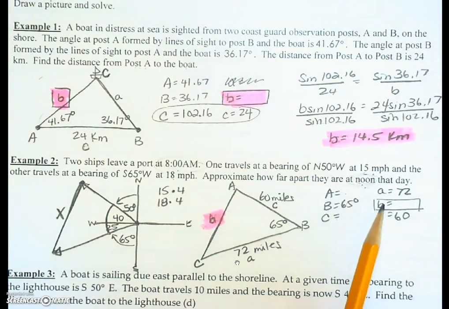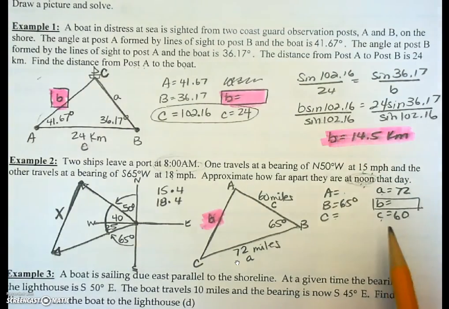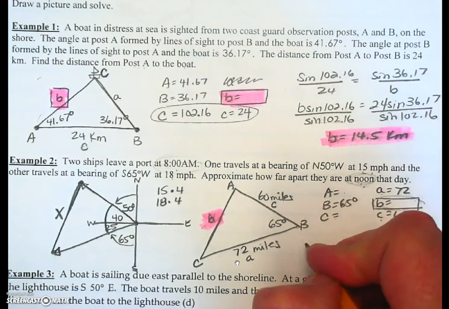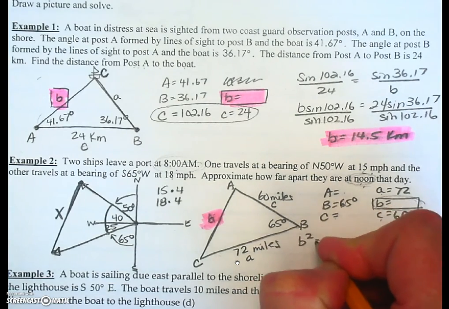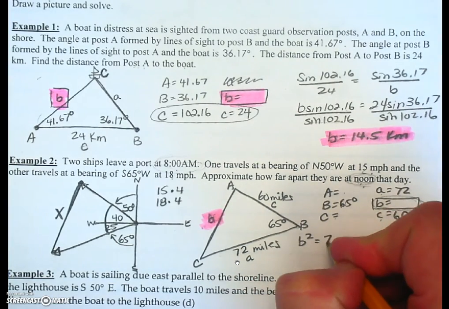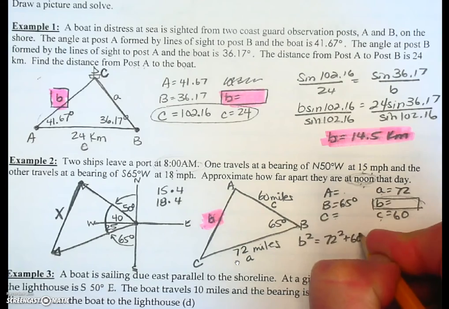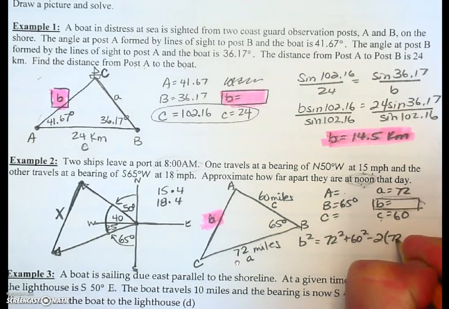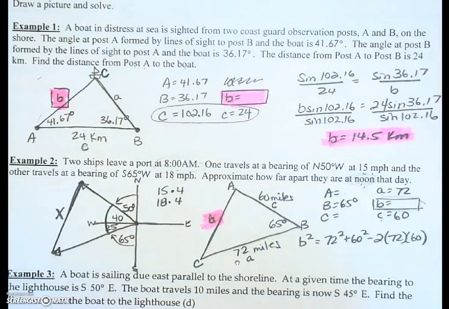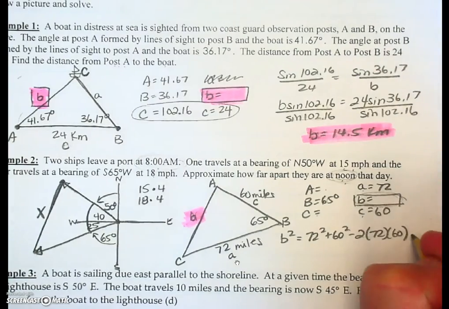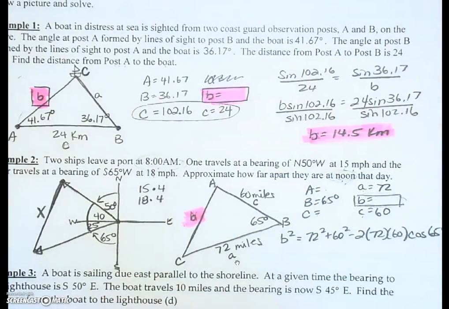So when you look at the information, you have lowercase a, capital B, lowercase c, which means all of the letters are different. So that is a law of cosines problem. Now what I'm looking to solve for is this b. So I'm going to go b squared equals a squared plus c squared minus 2ac cosine of b. Now here's the nice thing.